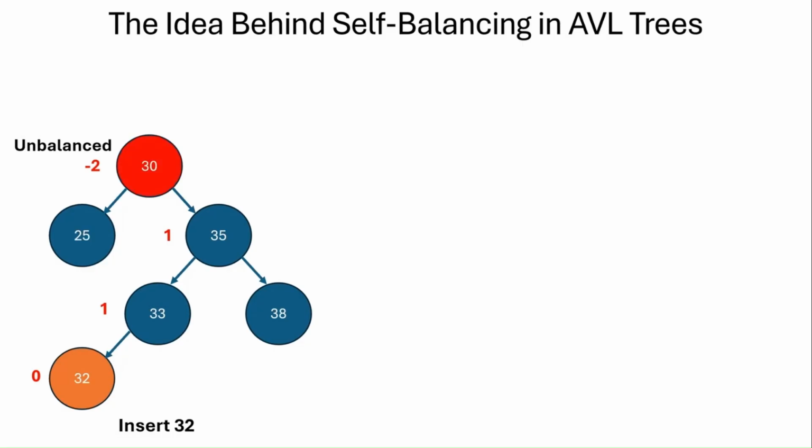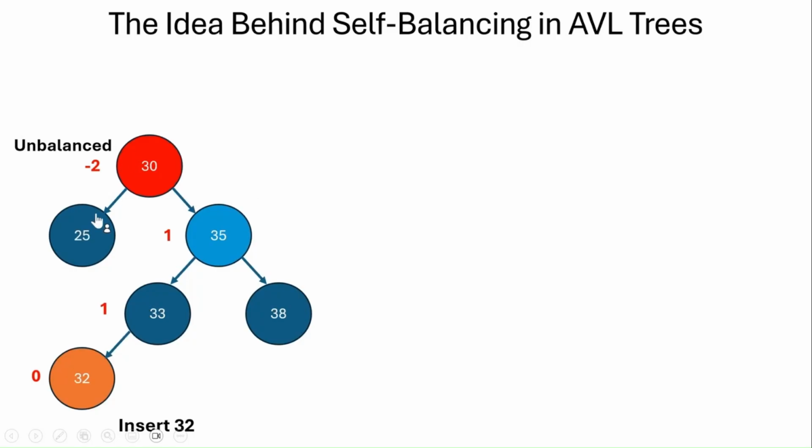Now, if we see, this 30 is the root of the unbalanced subtree. So this is the unbalanced tree and 30 is the root of it. And the right child of that root, which is 35, is the subtree that is making this whole tree unbalanced. How?